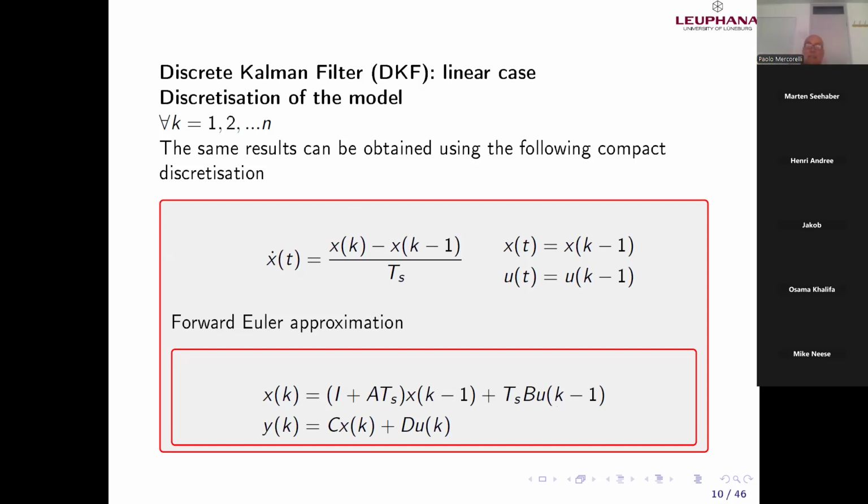I will obtain this expression of the discretized model in which we have identity matrix plus A multiplied by S as our discrete representation of the linear system, in which A is the continuous matrix. C and D do not change because this is not a dynamical equation.